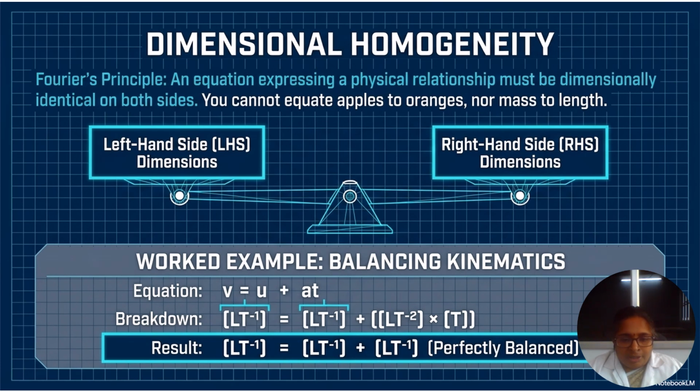Balancing both sides, the left hand side dimensions are equal to the right hand side dimensions. If this holds, it is called dimensional homogeneity. This is a very simple problem, but in practical questions you may get some tedious ones, which we will see in the upcoming slides.